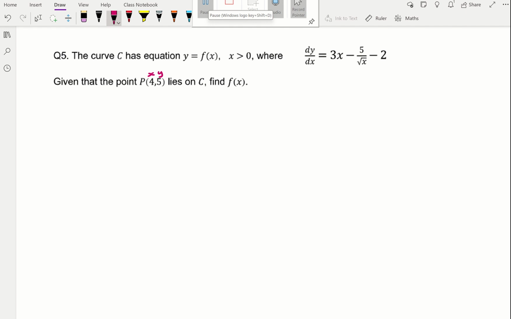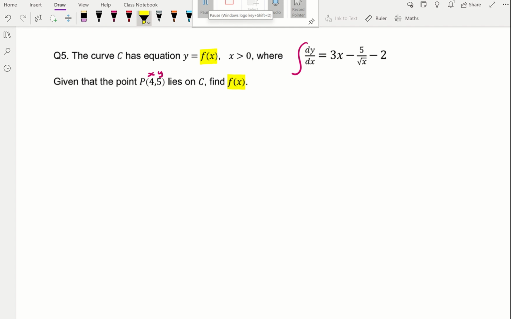This is exactly as the question before. It wants you to integrate the gradient. It wants you to substitute 4 and 5 to find c and find the equation. And they've just termed it, the equation is f of x rather than y.